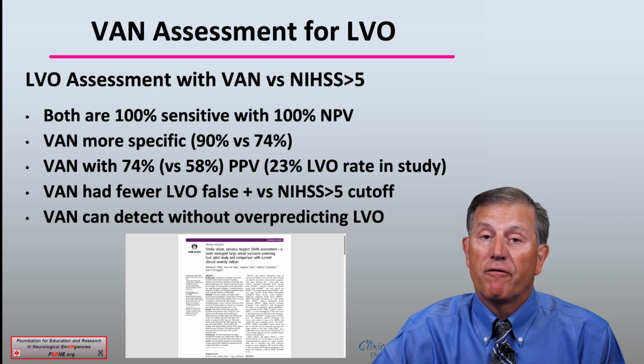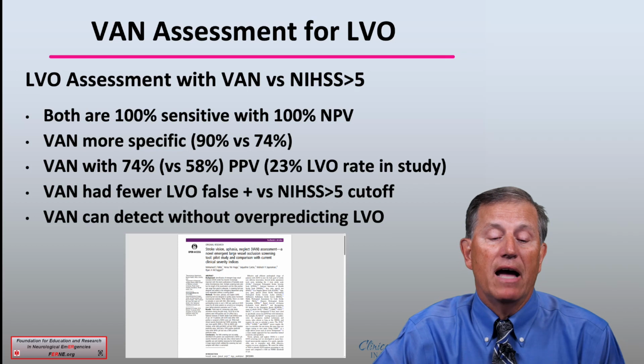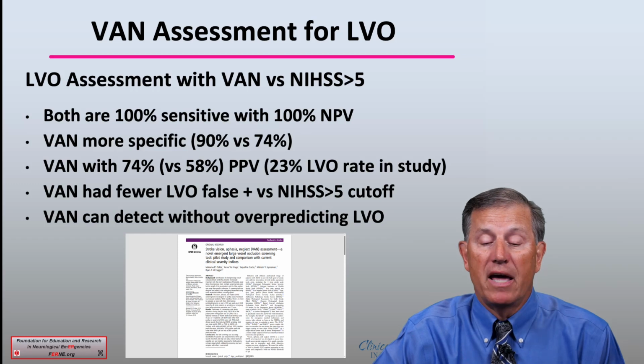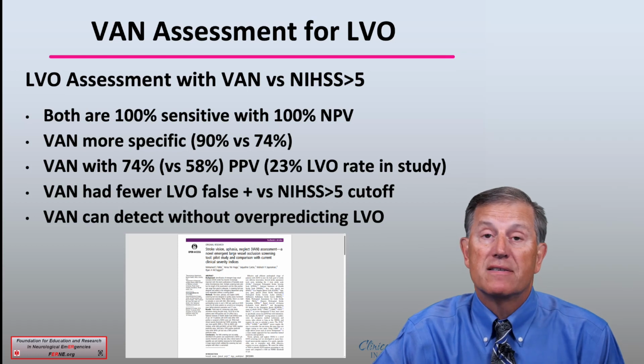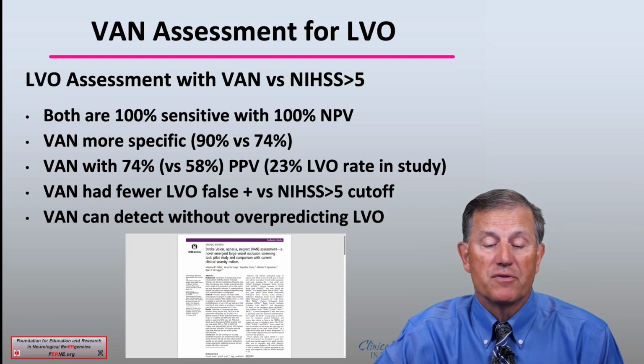We do know from this study that the VAN assessment is more specific, 90 versus 74% for the NIH stroke scale greater than 5. And in this group, which had a 23% LVO rate, the positive predictive value is higher with the VAN assessment versus simply an NIH stroke scale greater than 5, 74 versus 58%.